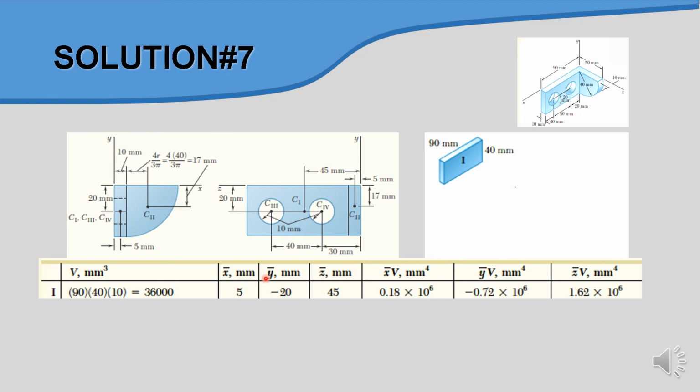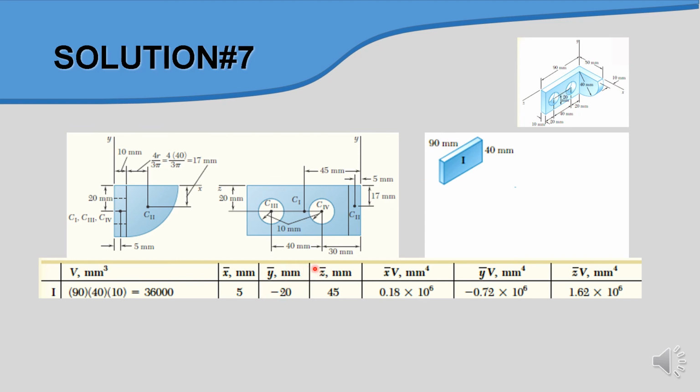For the y bar, if you can see, the y bar starts from here at 0 and up to here is positive, down here is negative, so the rectangular is basically in the middle, maybe here. So the value is negative here. So we know that the height of this is 40 divided by 2, we have 20, but 20 is on the negative side of y, so we have negative 20.